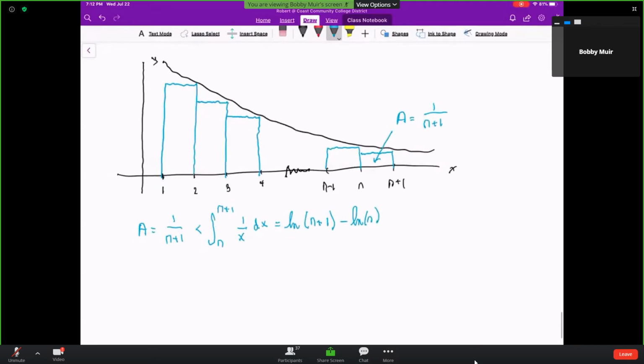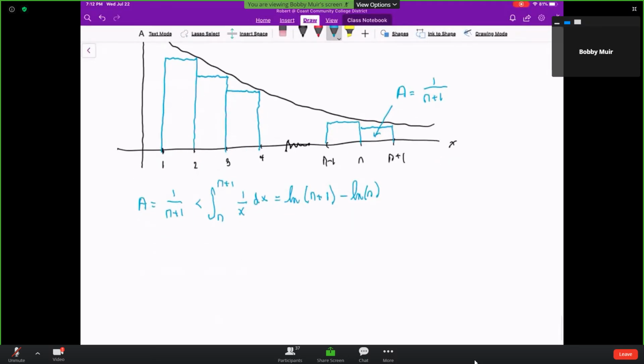So because the number on this side is bigger than the number over here, the natural log of n plus 1 minus the natural log of n minus 1 over n plus 1 is positive.